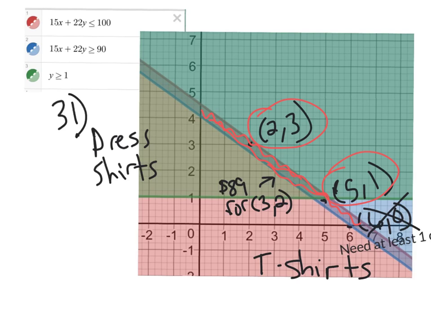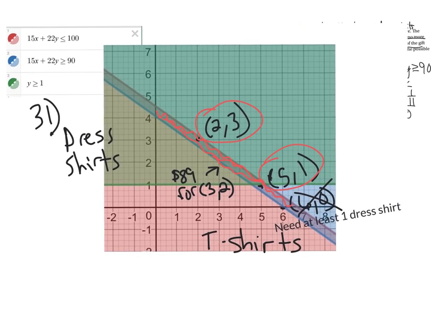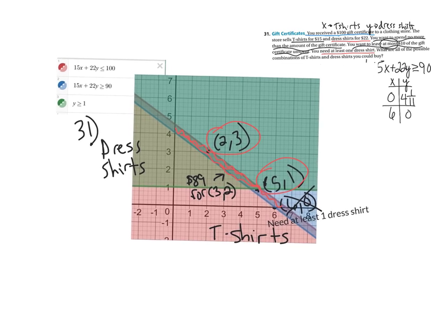And then also we can't do (6, 0) because we need at least 1 dress shirt. So I messed up here. This part down here actually is not part of our shaded region. It's just the part in here. It's got to be above this line here. So that's the reasoning for that.